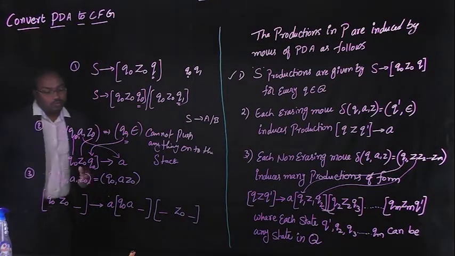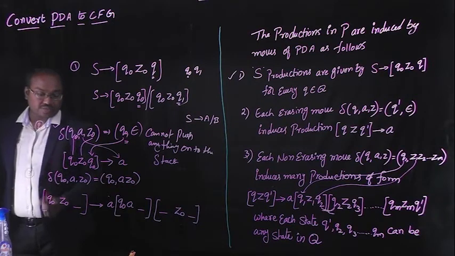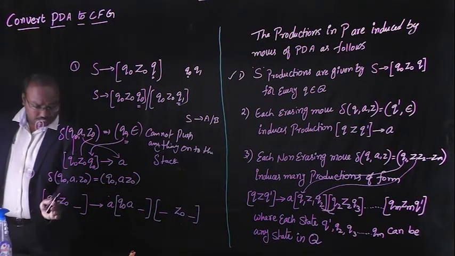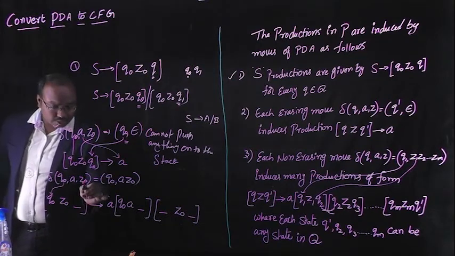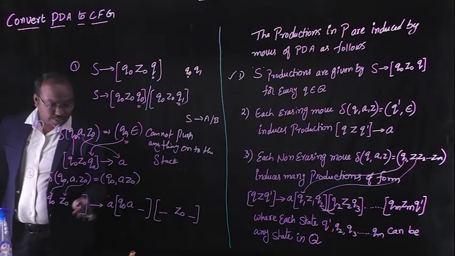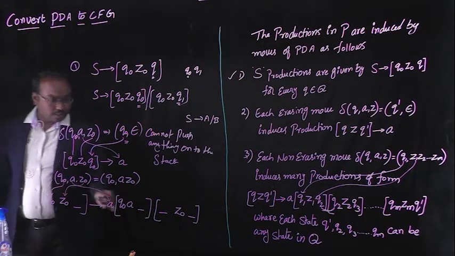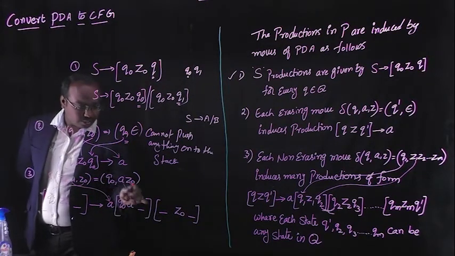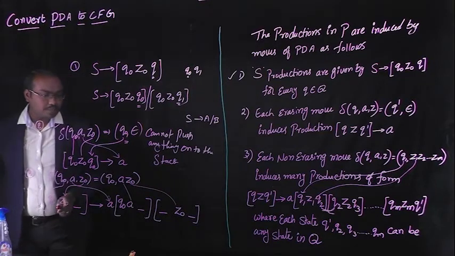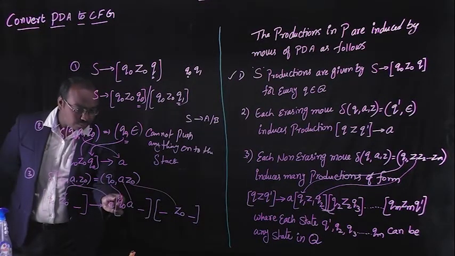So then how to form the production rules for this transition function? Here the state q0 will come here, and Z0 is the stack symbol, and input symbol a came here, and a Z0. Okay, so here q0 will come here.